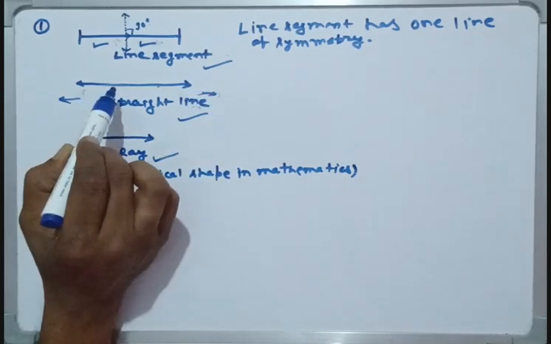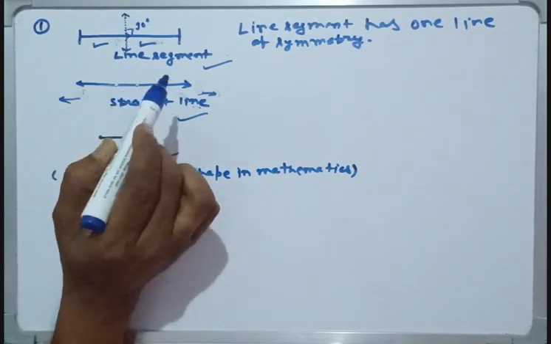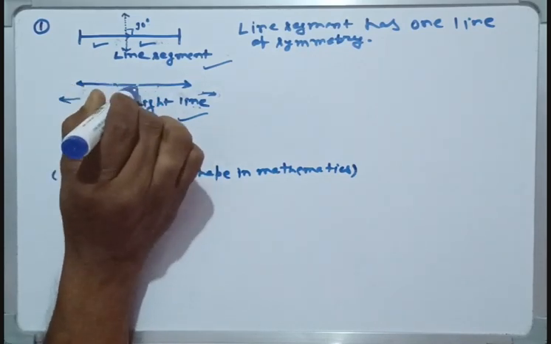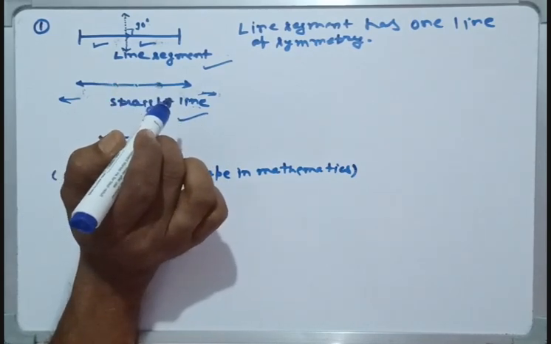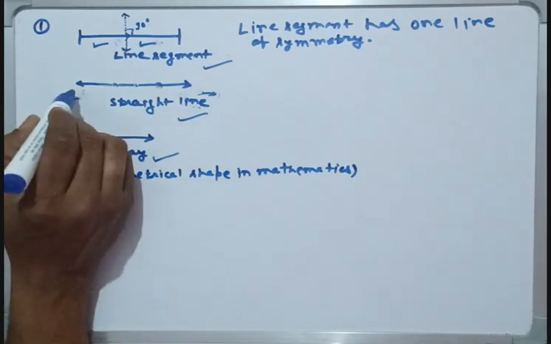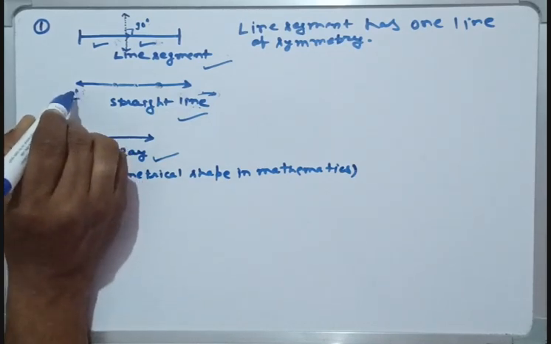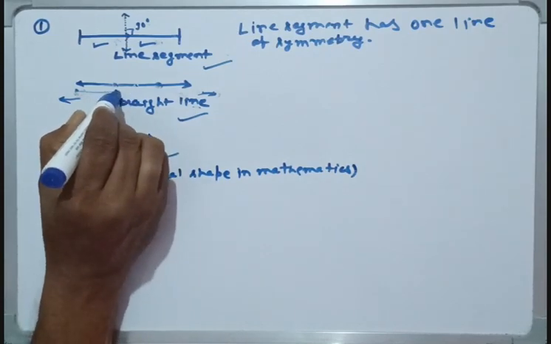So there are an infinite number of midpoints, like this and like this, in a straight line. Why am I saying this? See, suppose we consider this one and this one.